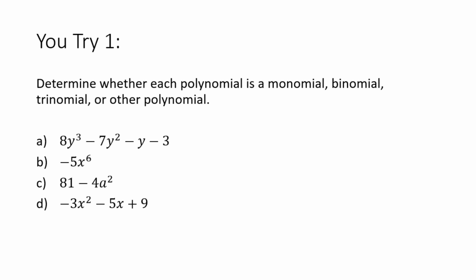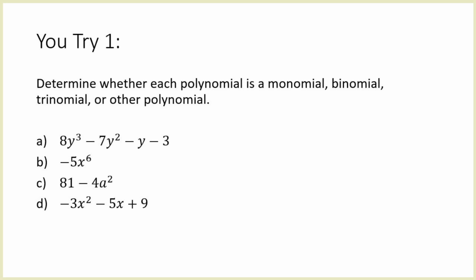Now that you've tried this on your own, let's do it together. So, this first one, letter A, has four terms in it. 1, 2, 3, 4. Since it has four terms, it's not a monomial, right? It's not a binomial. It's not a trinomial. So it must be some other polynomial.